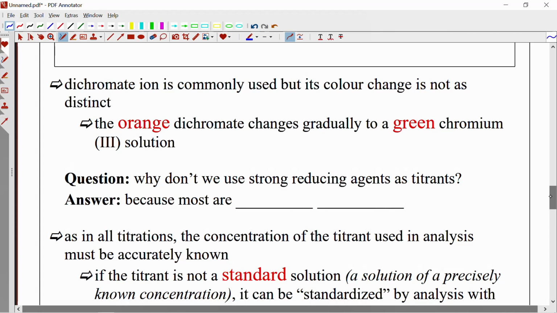So, question, why don't we use strong reducing agents as titrants? The answer is because most are solid metals.